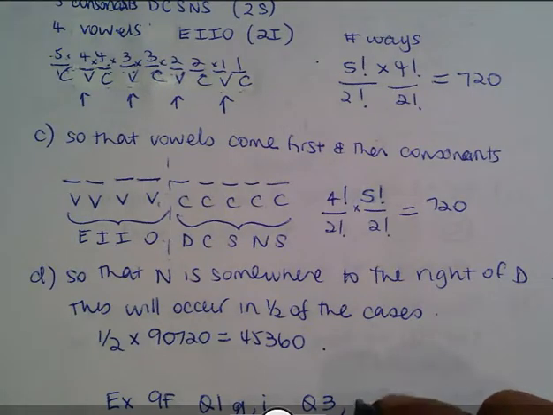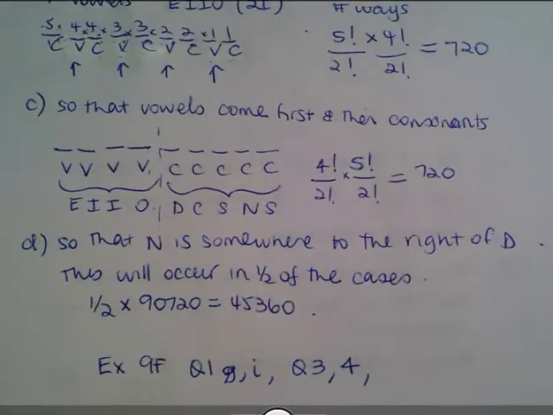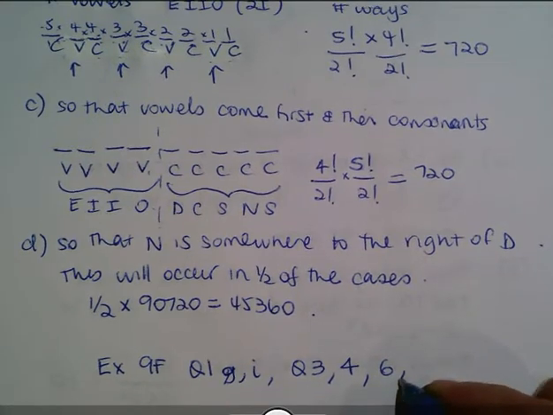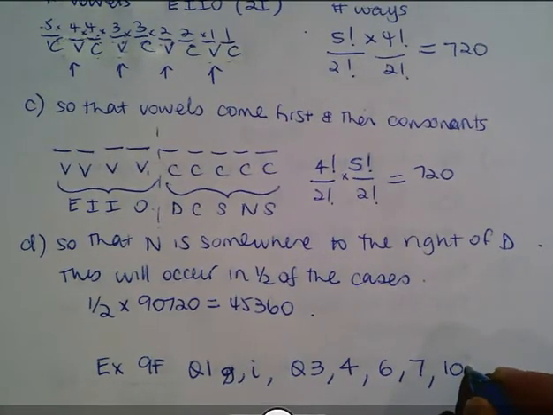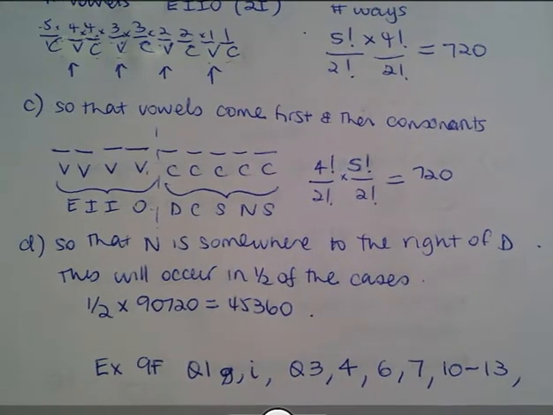You can do question 4. So you've got 1G and I, question 3 and 4. Question 6 we haven't done. Question 7. We've done 8 and 9. And then you can do 10 through to 13. You don't need to do 14.